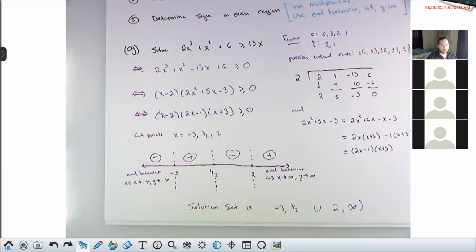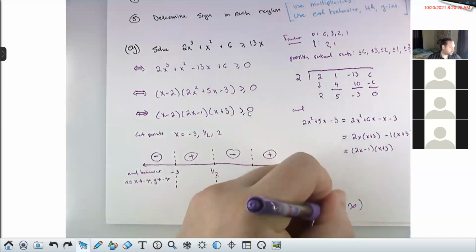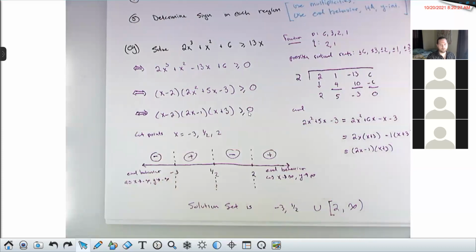So if you plug 2 in here, you get 0 is greater than or equal to 0, right? This factor would be 0. I don't care what these are, because when you multiply by 0, you get 0. So when you plug 2 in here, the left-hand side will all be 0, and you get the statement 0 is greater than or equal to 0, which is a true statement. So we include 2 in our solution set.